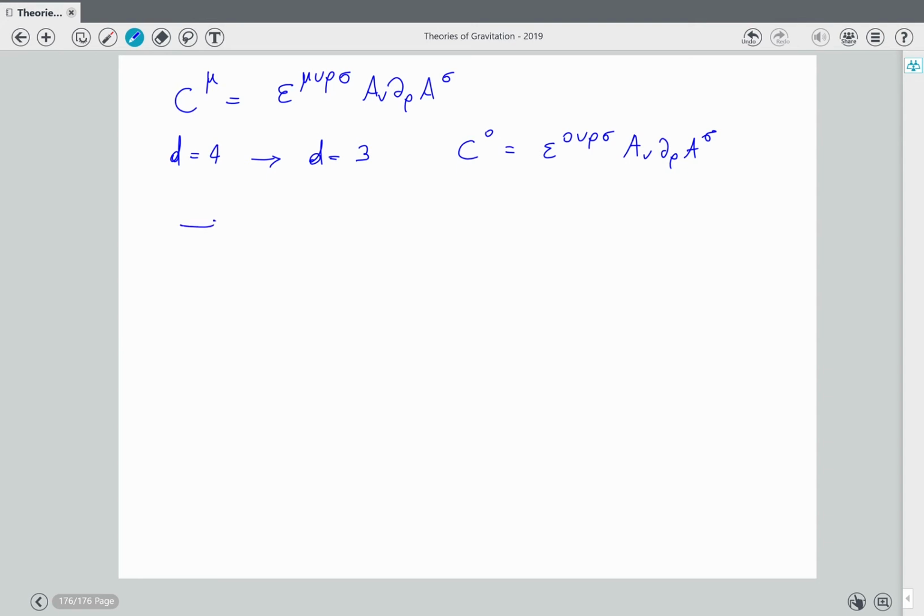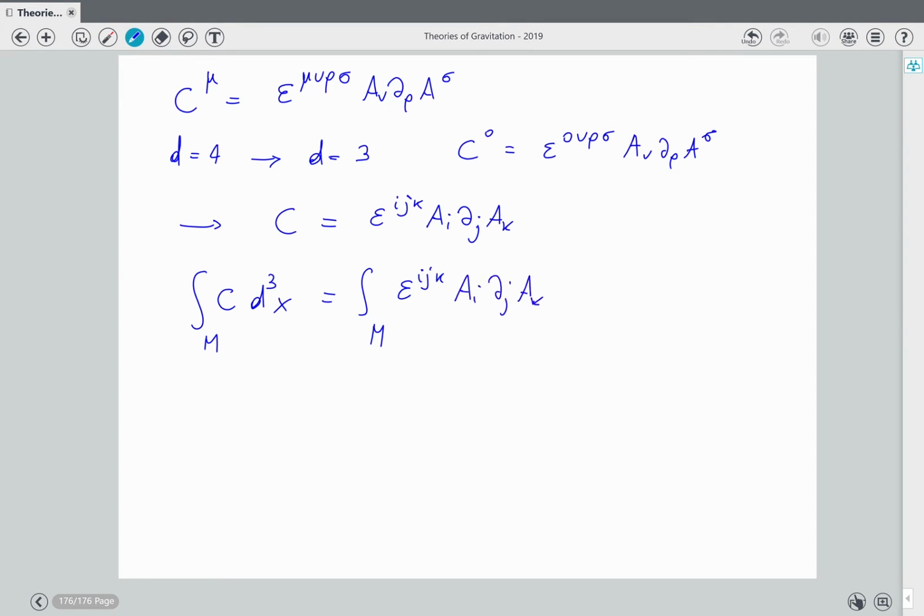So you can instead consider this object ε^ijk A_i ∂_j A_k. And that is the object you can consider in 3 dimensions. This sort of action, which is the Chern-Simons action, has completely analogous properties. It's simpler, however, so we can study them much more easily.